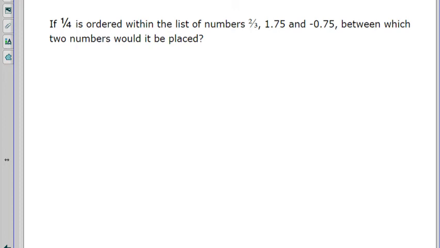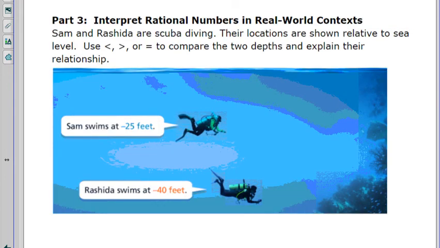So my advice to you is to draw a number line, plot the numbers, and then you can answer the question. Okay, we have two divers here, and we want to compare them. Remember, the further to the left on the number line we are, the smaller, or the further down if we're having a vertical number line.